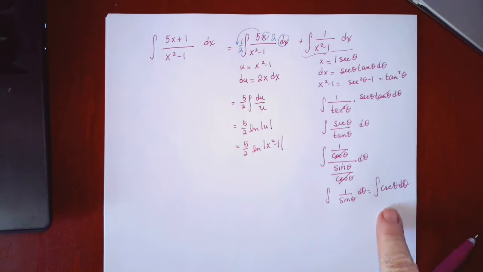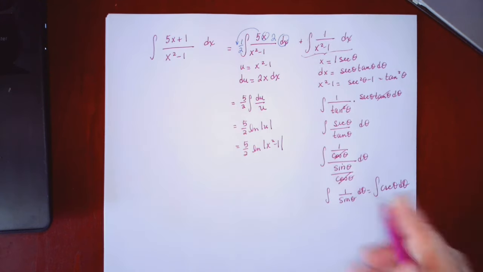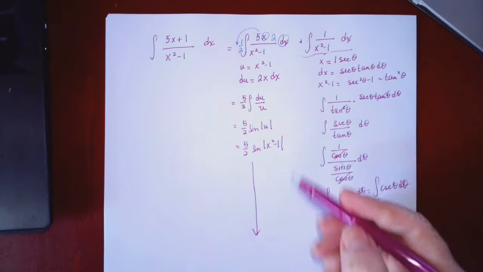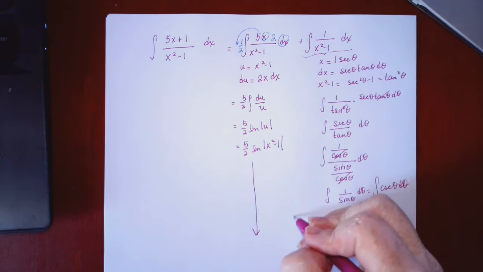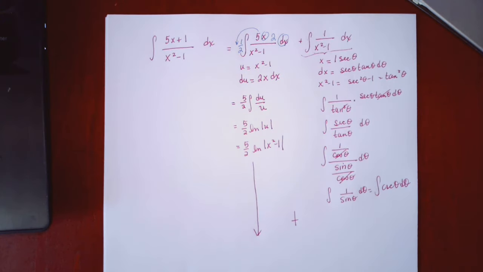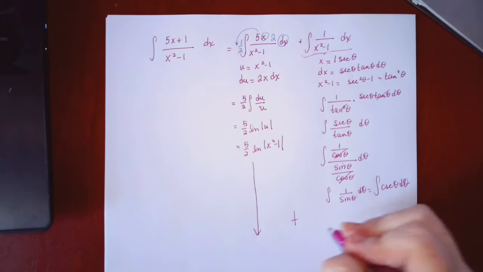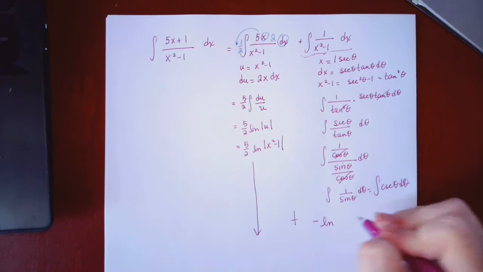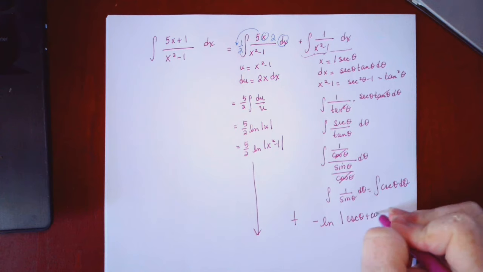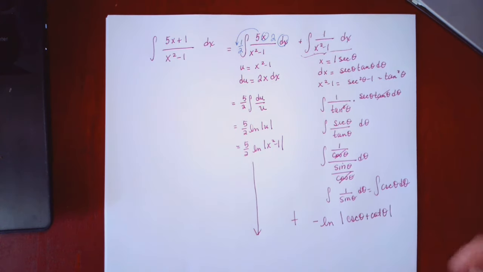Luckily, we know what the integral of cosecant theta is. Now this part is just coming along for the ride. This whole integral was done, and I'm going to take that answer and add it to the answer that I get over here. What is the integral of cosecant theta? Well, it's negative the natural log of absolute cosecant theta plus cotangent theta.